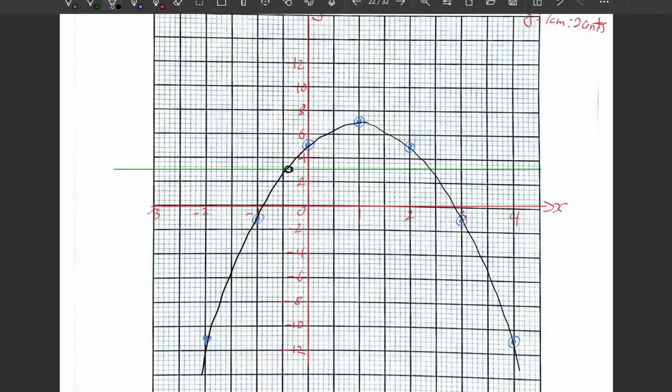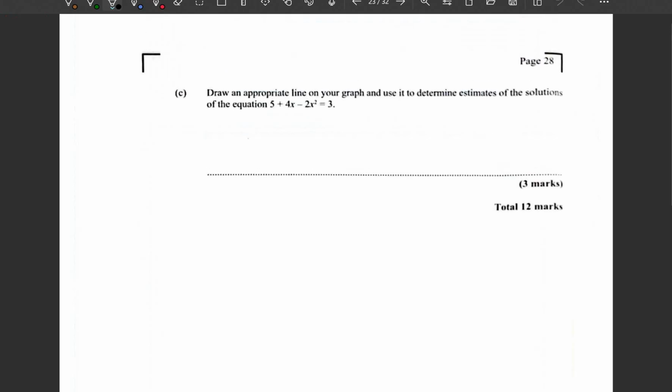This point right here is 2.4 and 3. So the x values at which the graph is going to give 3 are going to be 2.4 and minus 0.4.